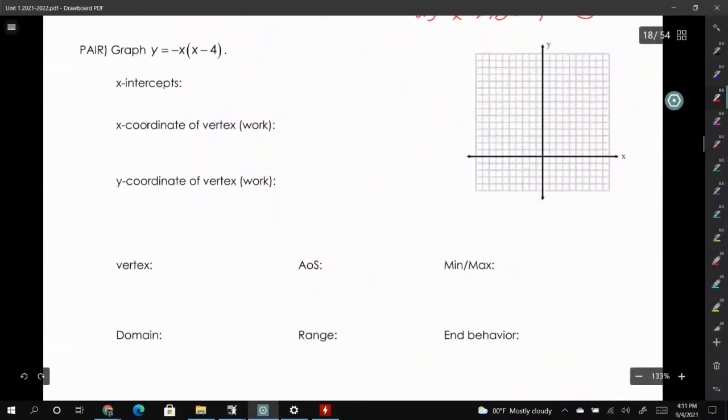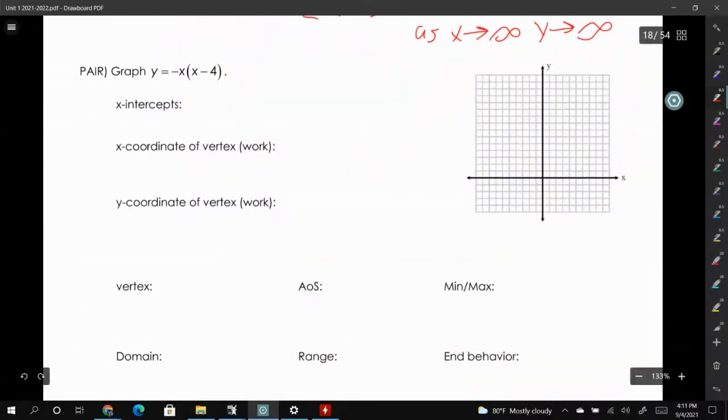All right, this next one, I'm going to have you guys try after we talk about the x-intercepts. Is this one? This would be 4, 0, no problem. But what about this right here, this negative x? Well, let's just look at the x.